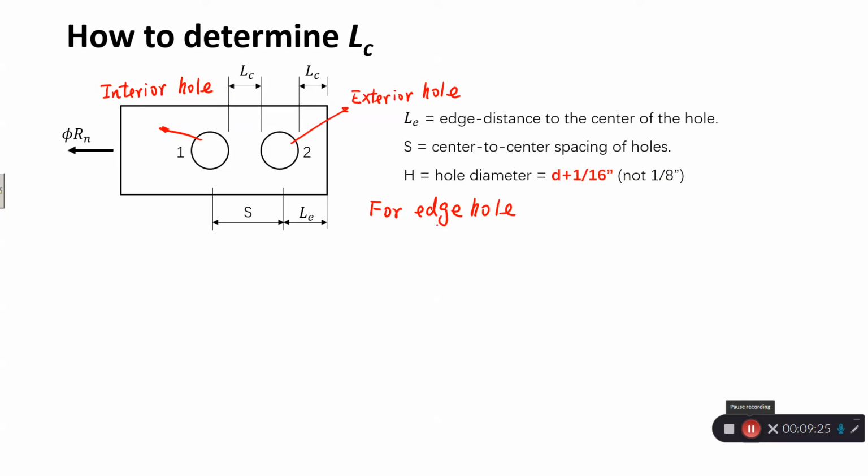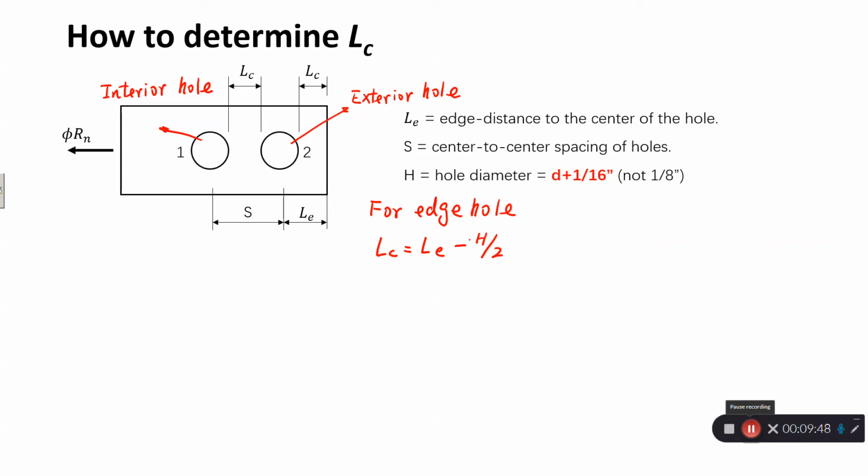Okay, so for the edge hole, the exterior hole, LC is equal to LE, which is the center to edge distance, minus H over 2.